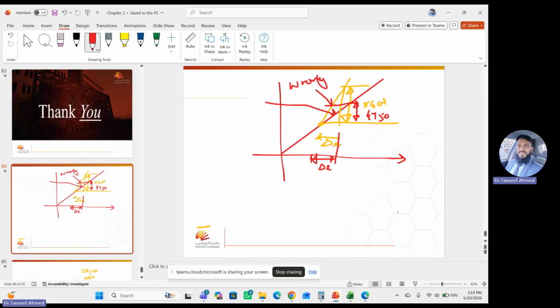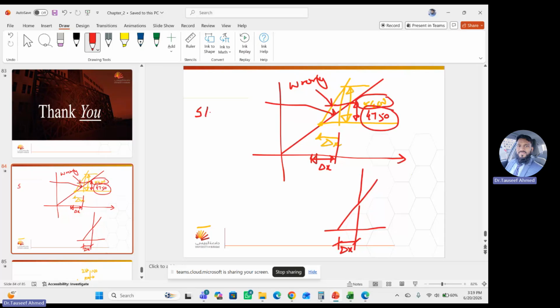For both, our graph is going like this, and suddenly it is tilted somewhere here. So this delta x is the same for both. But delta y is different. 5,400 is different and this one is different, but delta x will be the same.